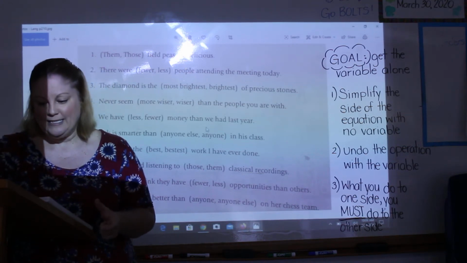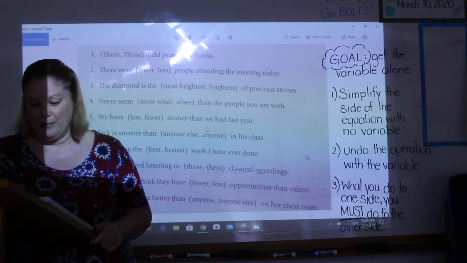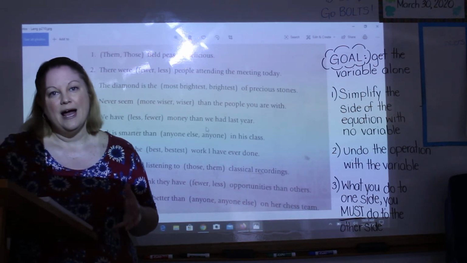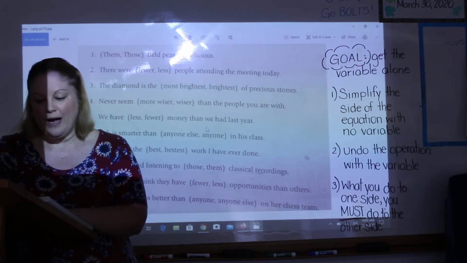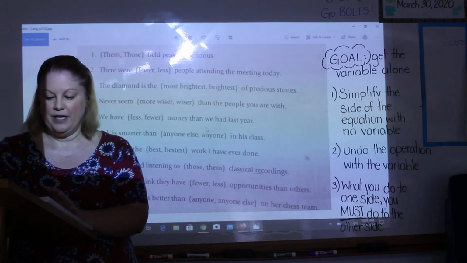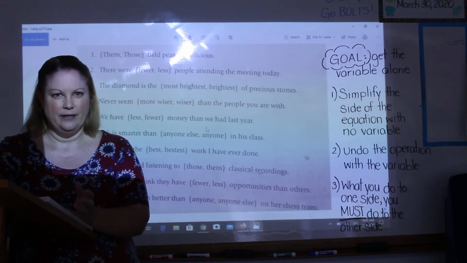In the bold print, it says when comparing a person with a group of which that person is a member, use other or else. Okay. So notice, incorrect would be Ella is friendlier than any girl in her class. It doesn't sound right. Why?